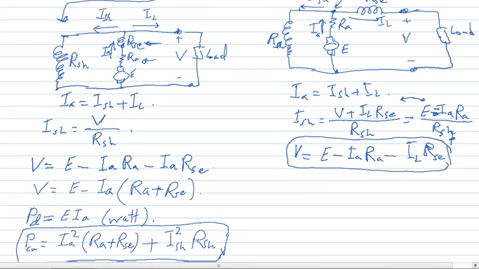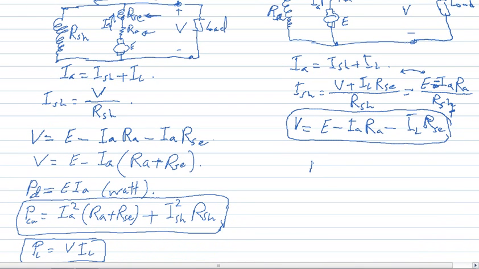The rest, for example, the developed power, is always the same for all DC machines, DC generators, but the copper loss will depend on the current.